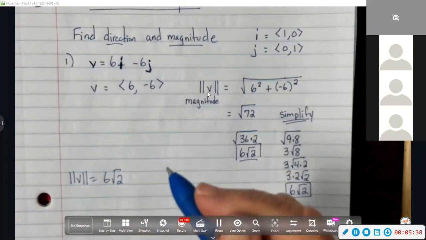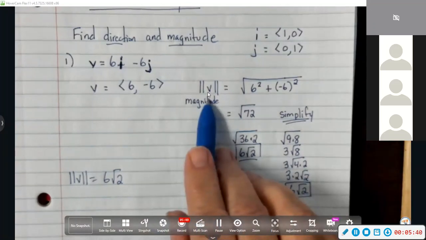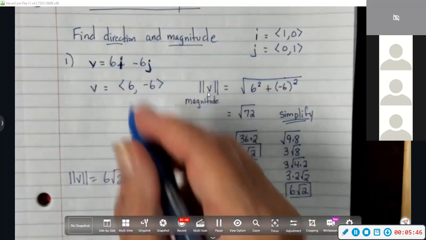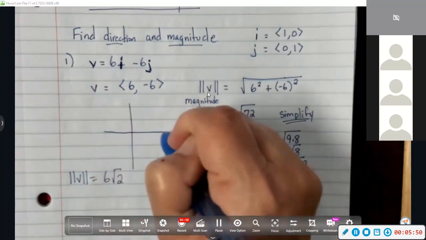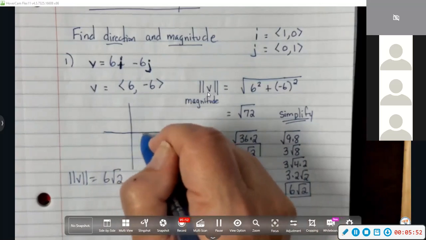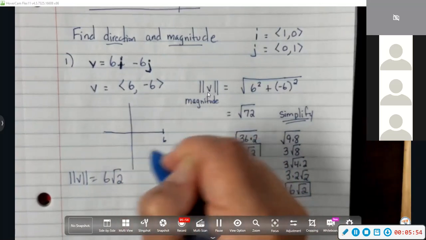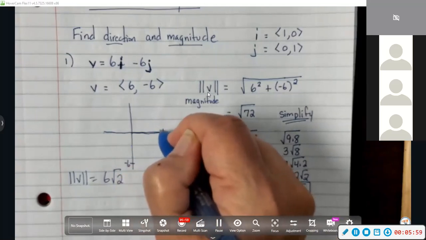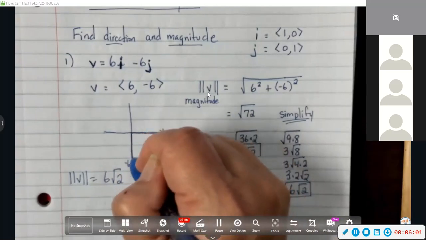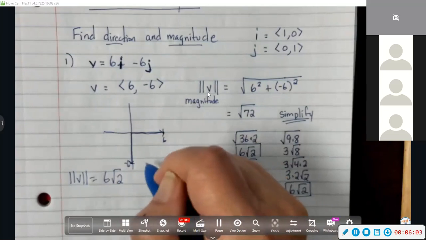So last week, we learned the formula for magnitude. Graphically, though, let's go ahead and just draw our vector. Our vector is positive 6, negative 6. So it has positive 6 for its horizontal direction, and negative 6 for its vertical.